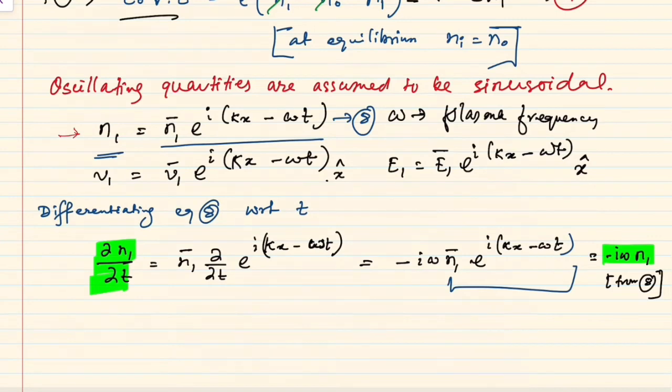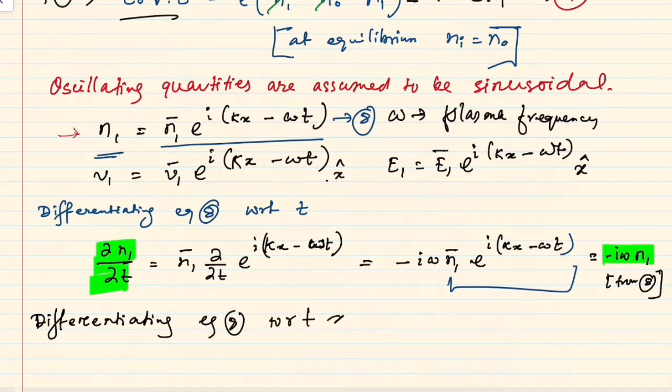So let me differentiate again before writing that. Differentiating equation number 8 with respect to x again, then you will get del n1 by del x is equal to n1 bar del x of e to the power i(kx minus omega t).